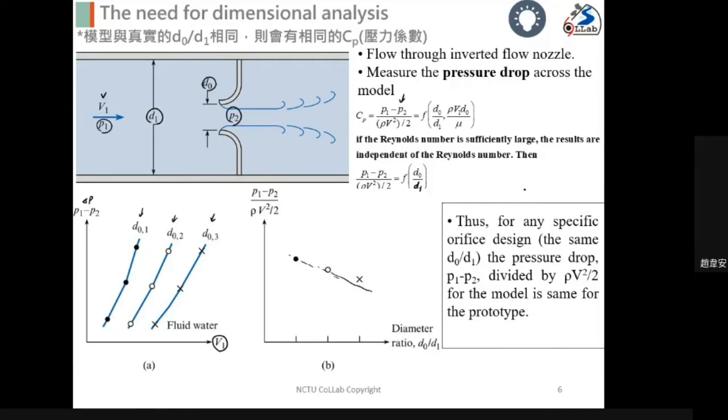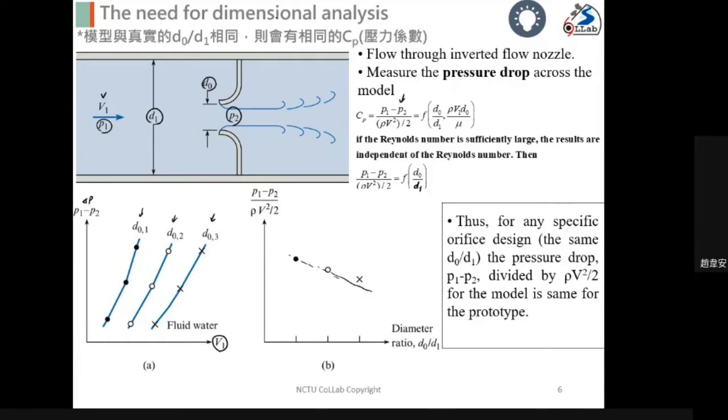So for this experiment, for any specific orifice design, the pressure drop divided by the kinematic energy for the model is always the same for the prototype. And you see there is no dimension here, and no dimension there. These are dimensionless parameters.